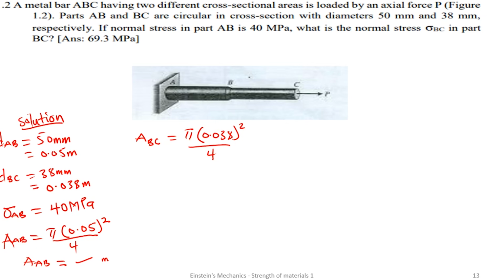Now let's look at the analysis. This is a beam, something like this, and it is fixed here. So we have to draw a free body diagram by removing this whole bar from the end, and we are going to get something like this. Let's assume it's circular though.